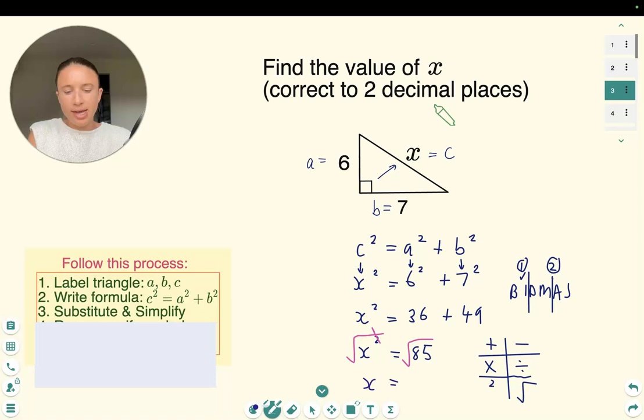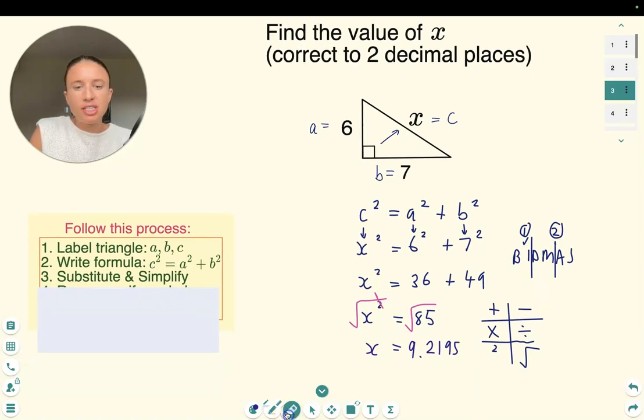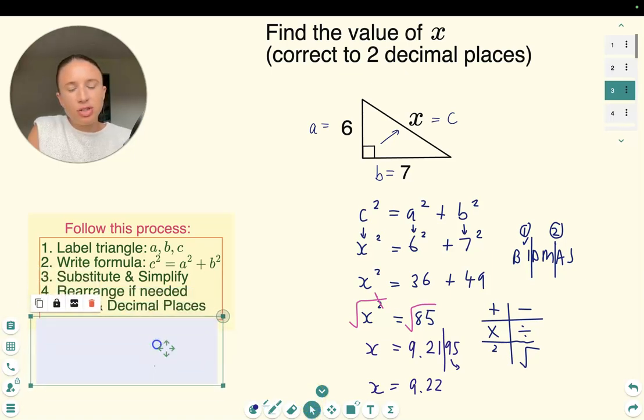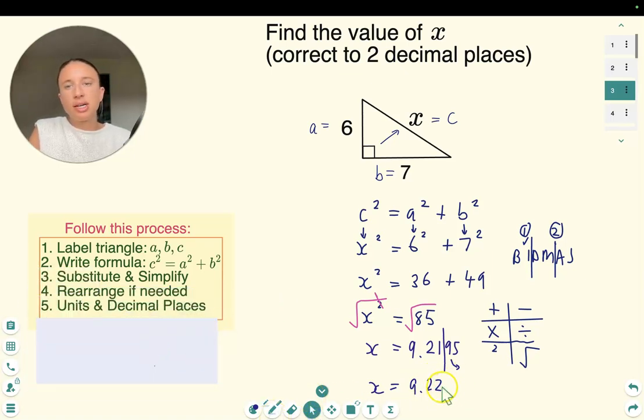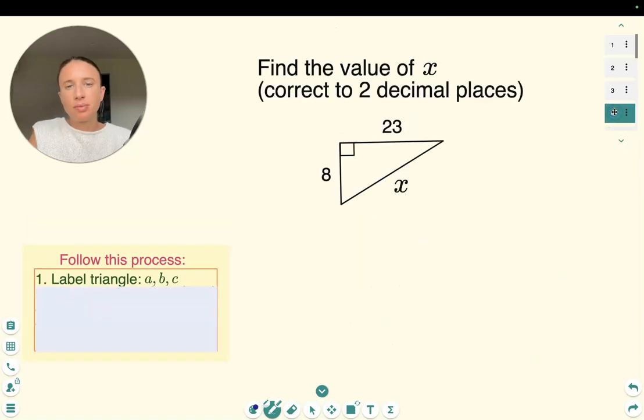So I'm going to put root 85 in my calculator, and that is 9.2195, but to 2 decimal places means we're looking at this digit, and that says we round up to 9.22. And I forgot to follow a process there. Units and decimal places is what you check at the end, but there's no units here. Could just write units if you like, but that's fine.